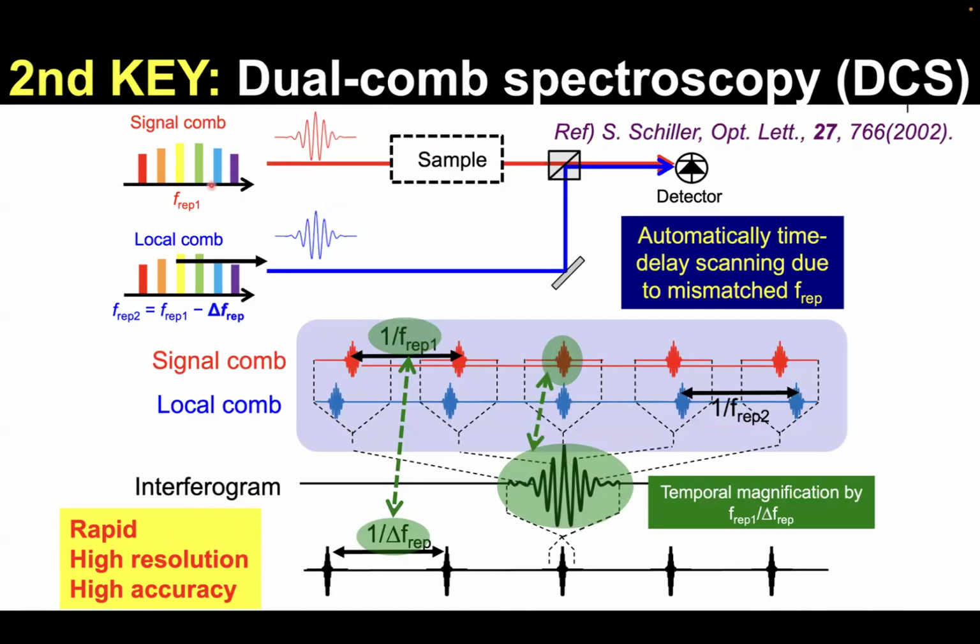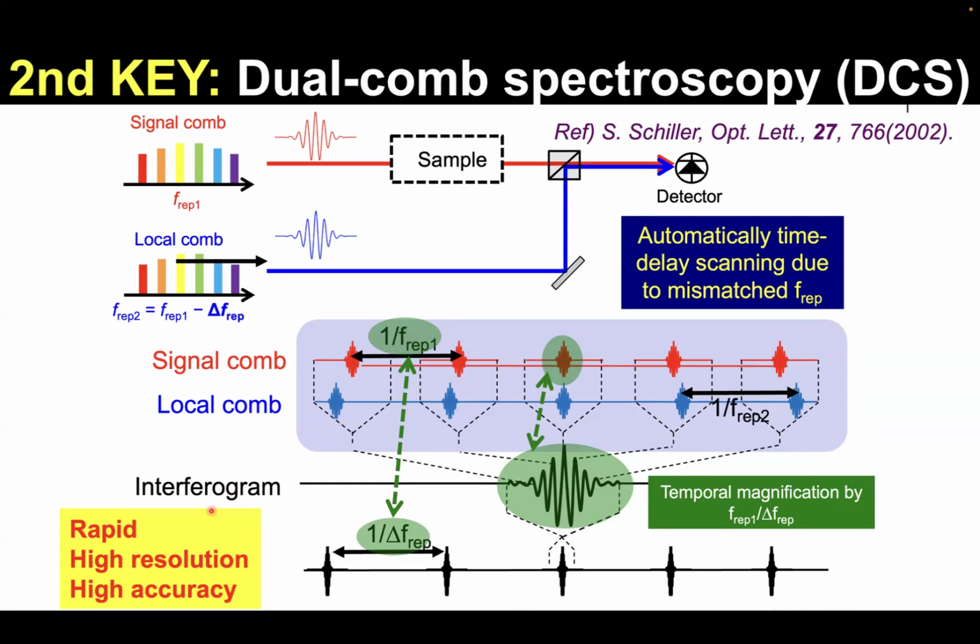In DCS, a pair of OFCs with slightly different f_rep is used for the signal comb and the local comb, with f_rep1 and f_rep2 respectively. The frequency difference between them is delta f_rep. A signal comb passes through the sample and then interferes with the local comb. Below shows a timing chart of the signal comb, the local comb, and the interferogram.